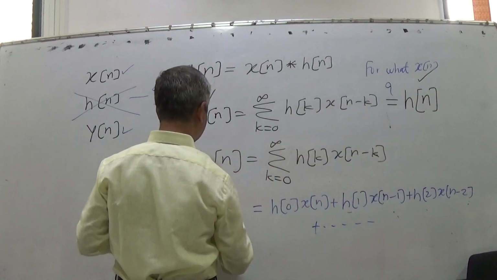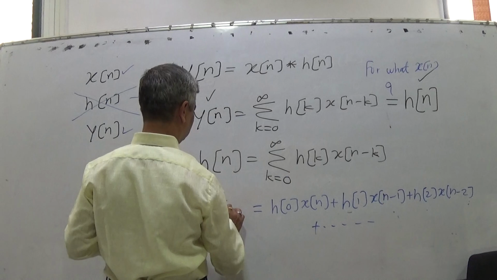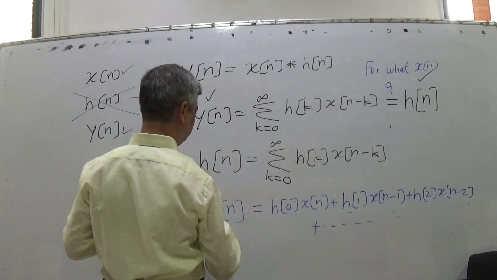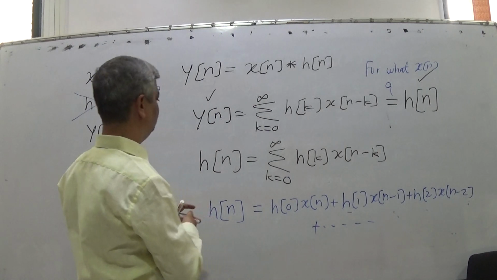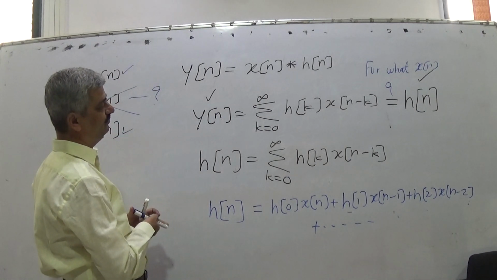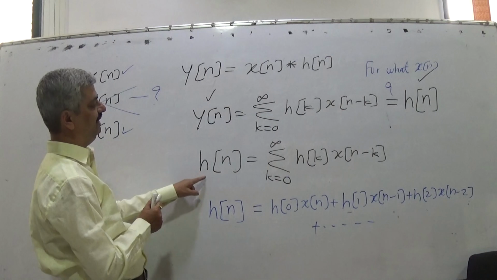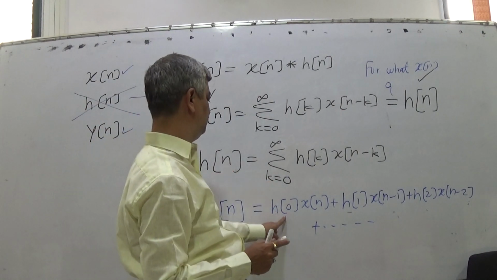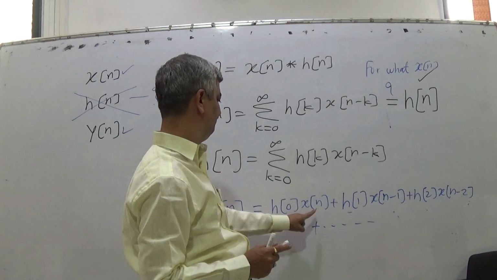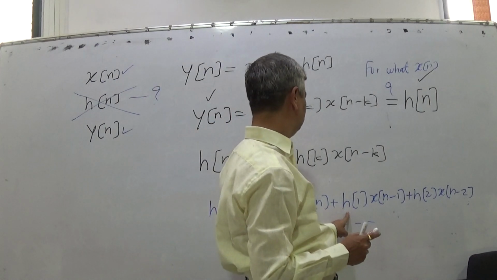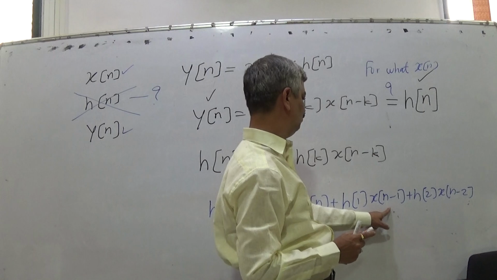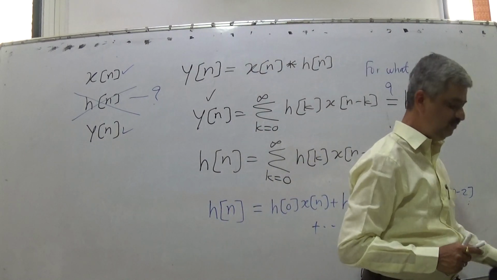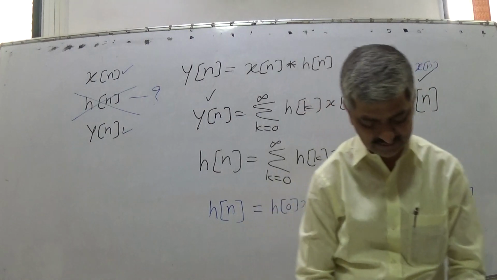And that must be equal to hn. So hn is equal to this summation: h0 xn, h1 x(n-1), h2 x(n-2), like this.